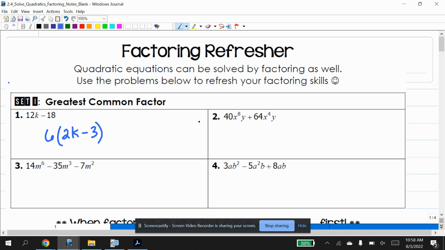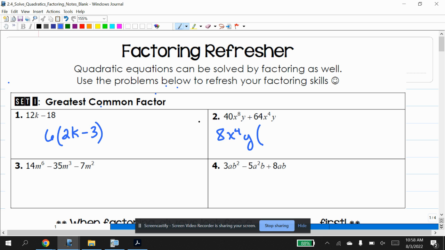So that 8 would be the GCF on the number part. How many X's do they have in common? 4 X's in common. Because the first one has 8, the second one has 4, so there's only 4 that they could have in common. So X to the 4th. How many Y's do they have in common? 1. So there's our GCF, 8x to the 4th y.